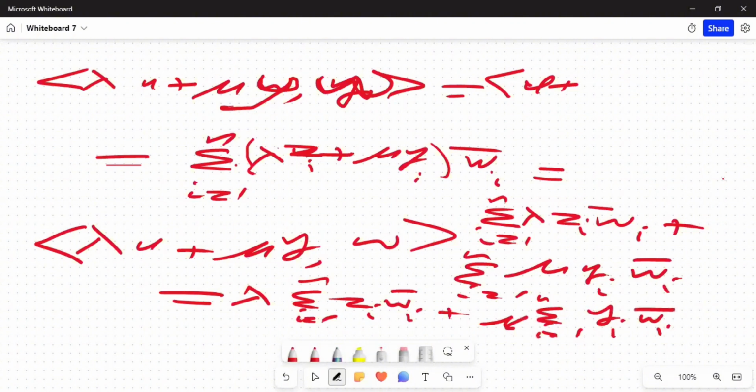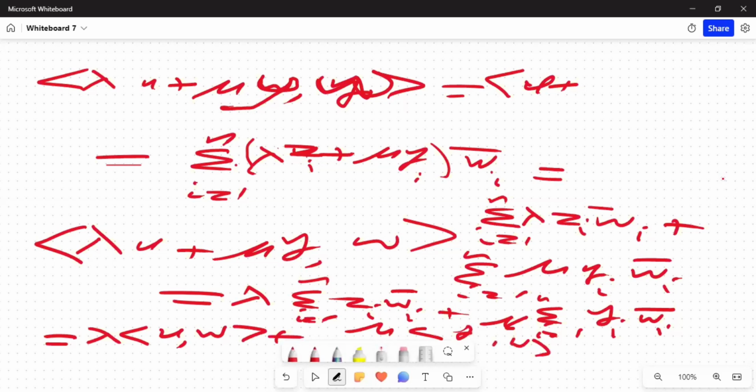What's this candidate and what's this candidate? This is lambda inner product of what? u, w, right? Plus mu inner product of what? y, w, is it not?